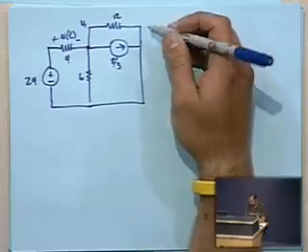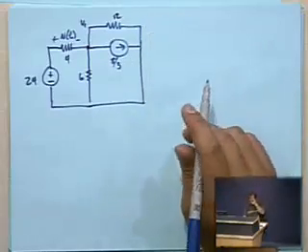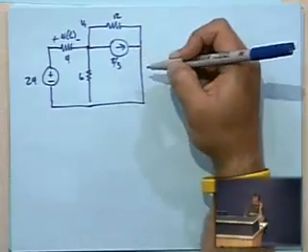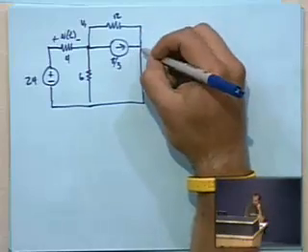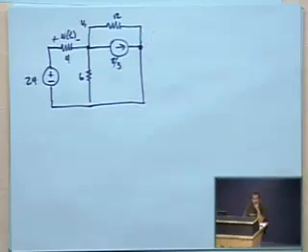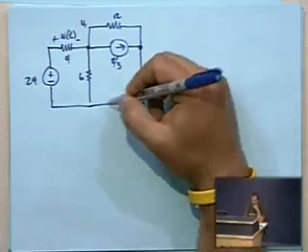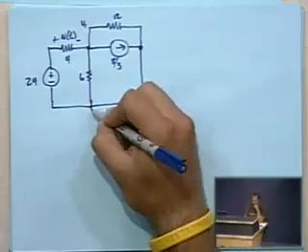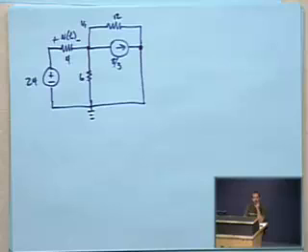Let's see if we can do this in an intelligent way. Because the way that I actually have it in my notes is I put another node V2 here, but this is really the reference node, as I would write the rest of my nodal equations. So I'm going to try not to write that and hopefully I'll get the same answer here.